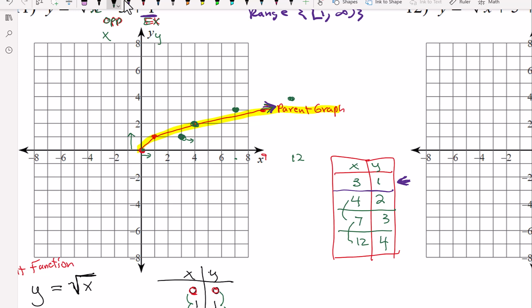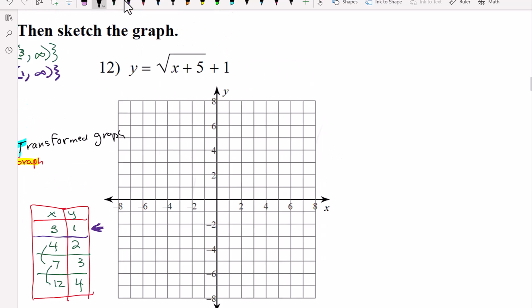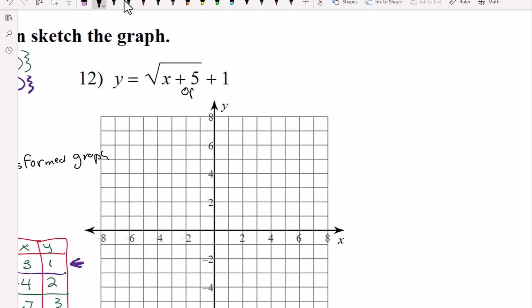And so this is our transformed graph, the graph that they give us. I'm not going to do this whole one, but we take the opposite of this.